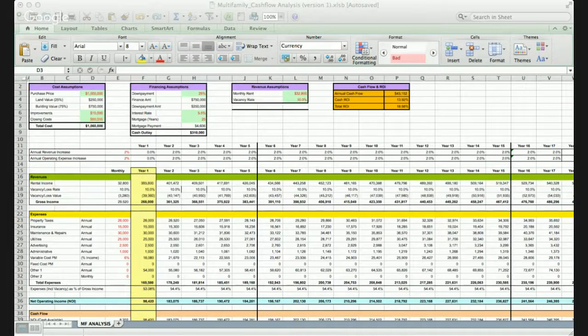Vacancy loss. I like to use 10%. The rule of thumb is the minimum you use is 5%, or whatever the building's current vacancy rate is. So you might be looking at a building and currently it has a vacancy rate of 7% or something like that. Always use whatever the market's telling you with a minimum of 5%.